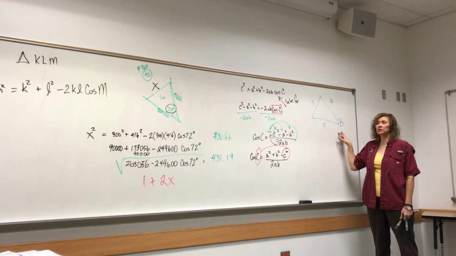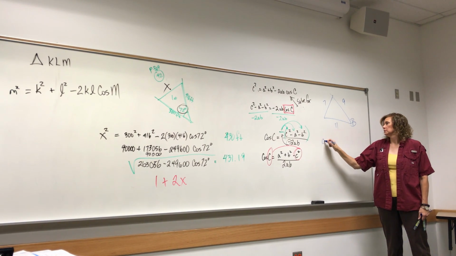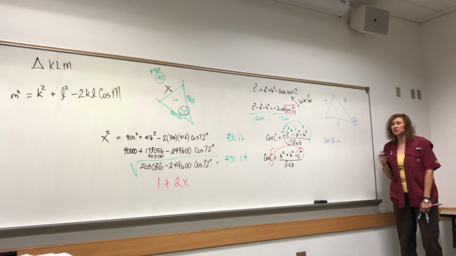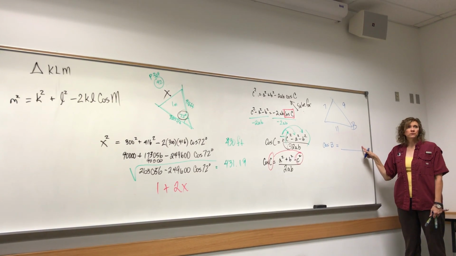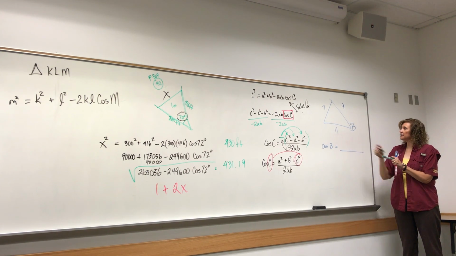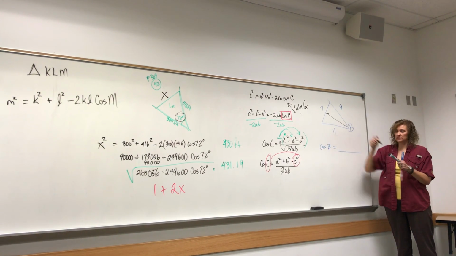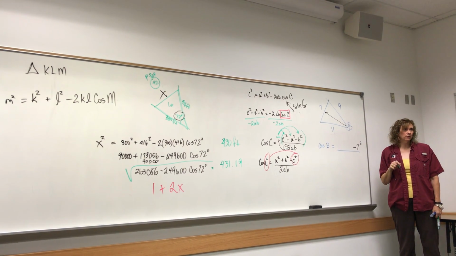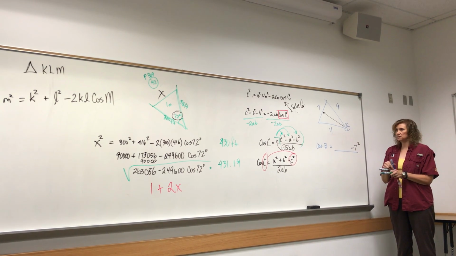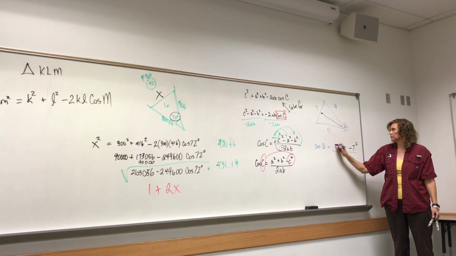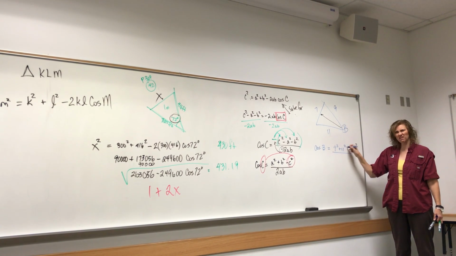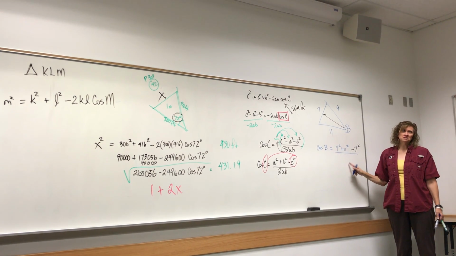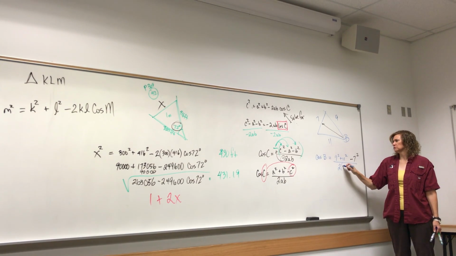I want to find B, so I'm going to write cosine B. I personally put this one first. That side opposite the angle we're looking for, that 7, is the one being subtracted and squared. The other two, it doesn't matter which order you write them. We're gonna have 9 squared plus, does this make sense? And then in the bottom, the 9 and the 11 show up along with a coefficient of 2.